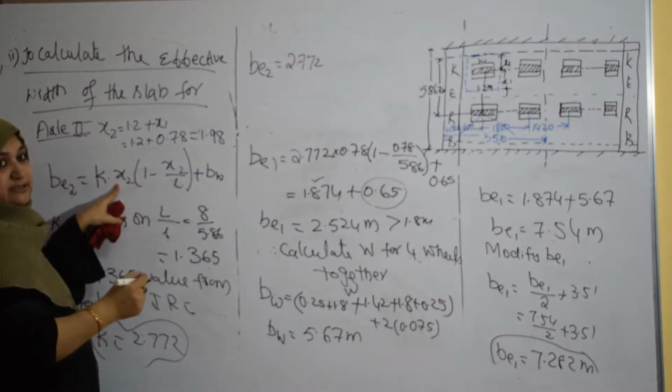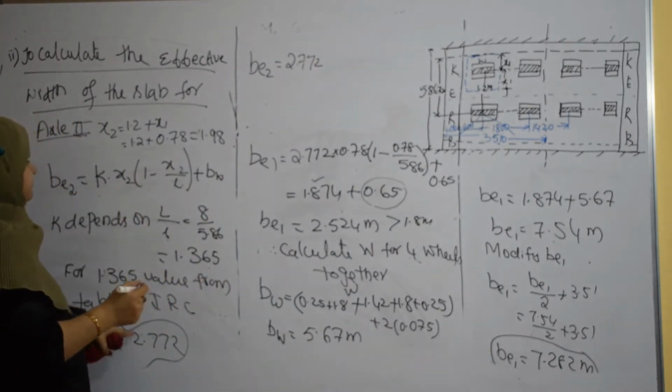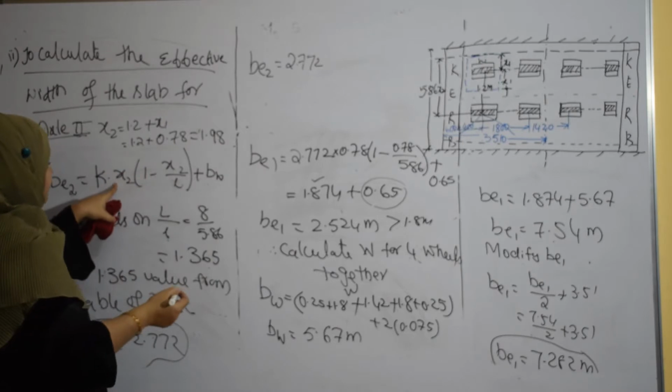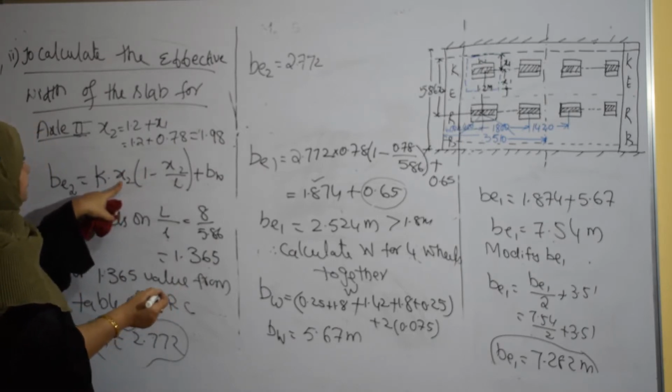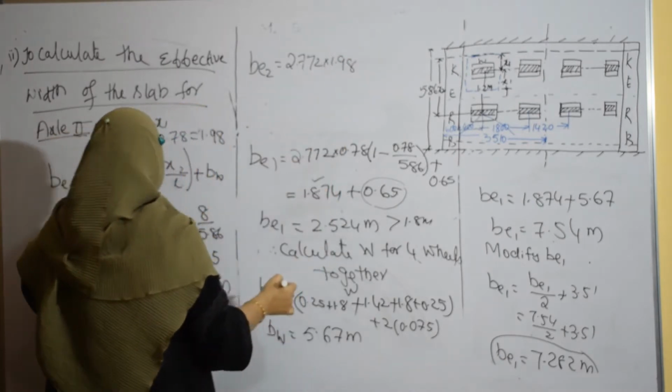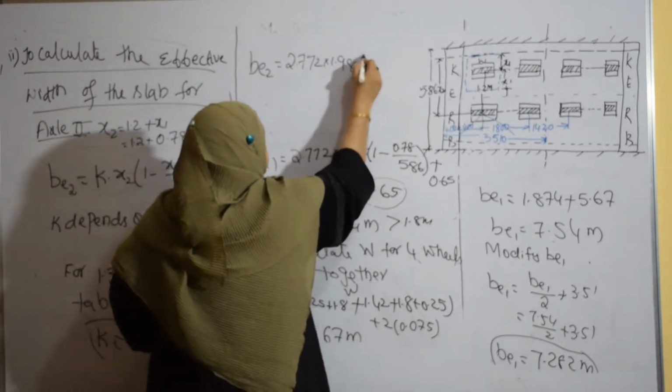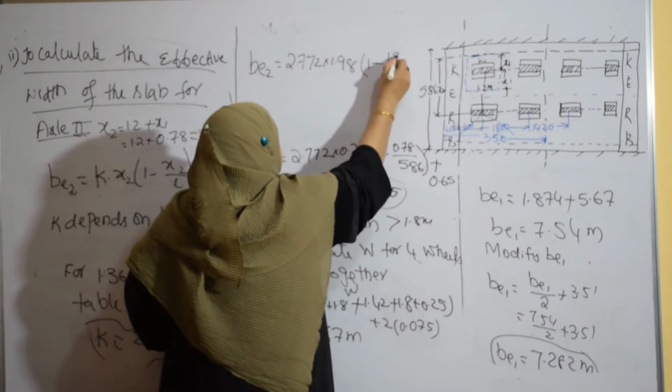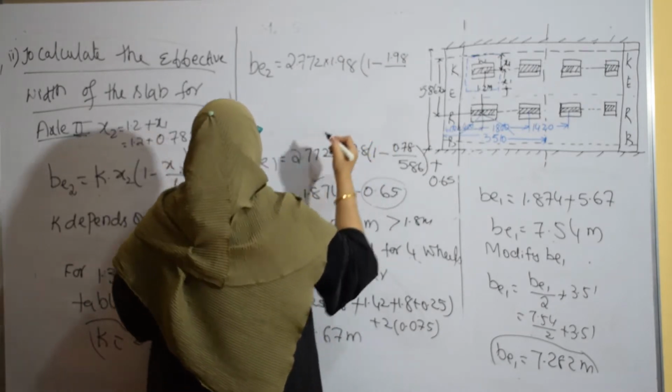I'm just substituting the things in the formula. 2.772 into x2, x2 is 1.98, into 1 minus x2 by L.